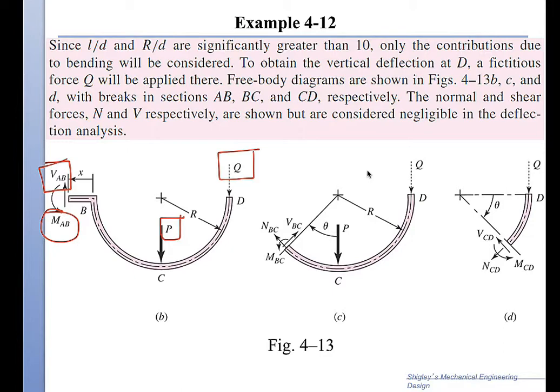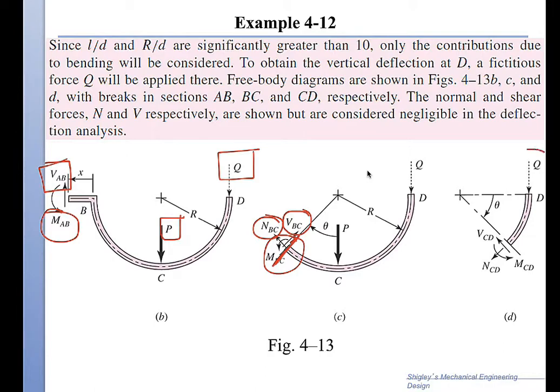If we apply the same idea for the section BC, we can take a cut again here, and for that section BC, the equilibrium is actually going to involve 3 unknowns. One is the transverse shear, VBC, the other one is the axial thrust, NBC, and the third one is the moment, M at BC.